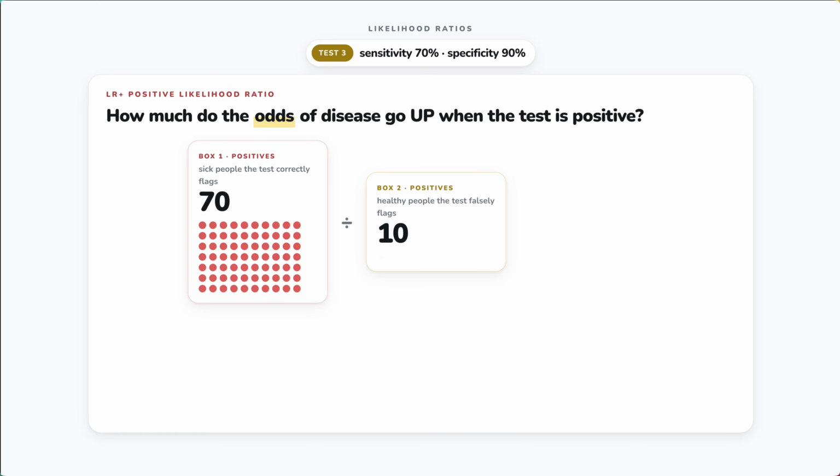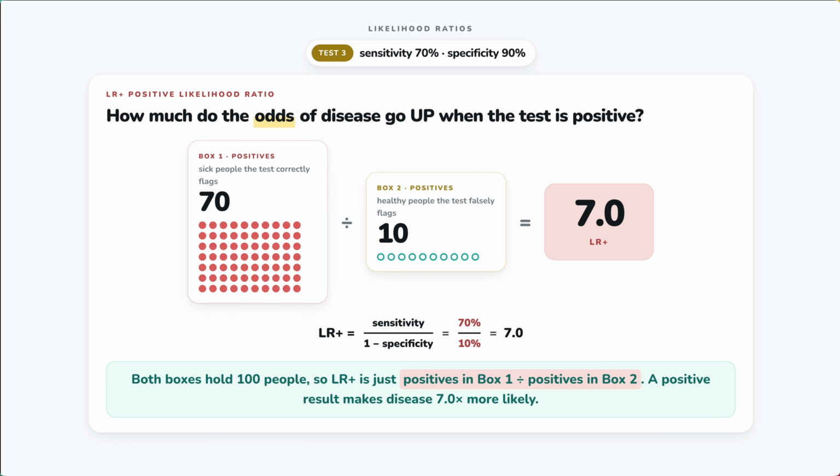Likelihood ratios simply follow from that concept. A positive likelihood ratio is the ratio of positives in box 1 divided by positives in box 2. Positives in box 1 is true positive. Because there are just 100 people in box 1, we can also say it's true positive rate or sensitivity, a test identifying diseased people.